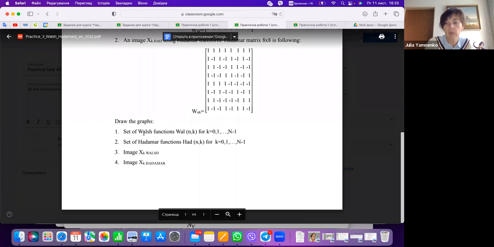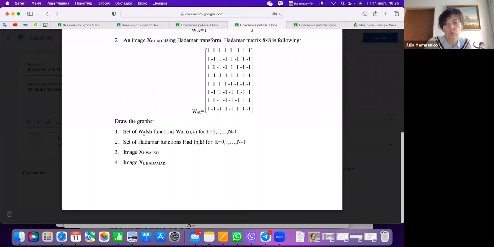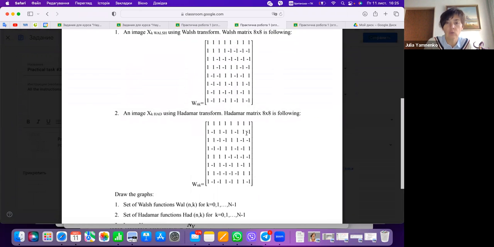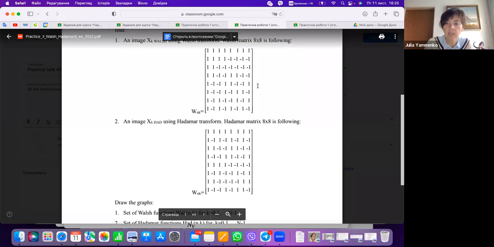And there are a couple of graphs that you should build. The first one is a graph of the set of Walsh functions. It is very easy to do by taking this matrix, because each horizontal row of this matrix is a separate Walsh basic function.